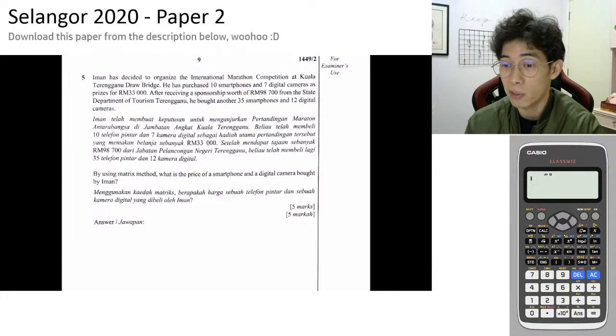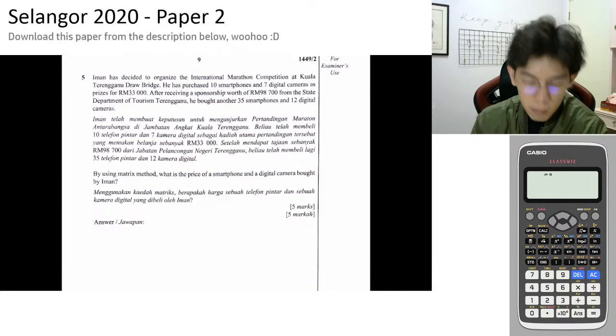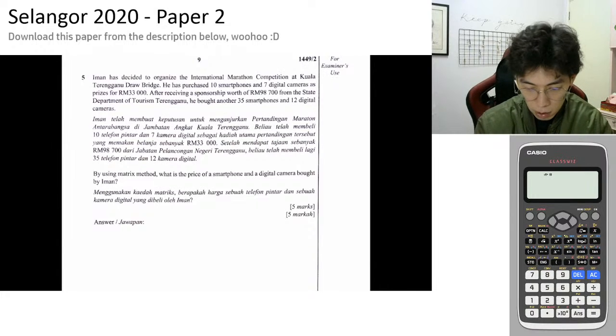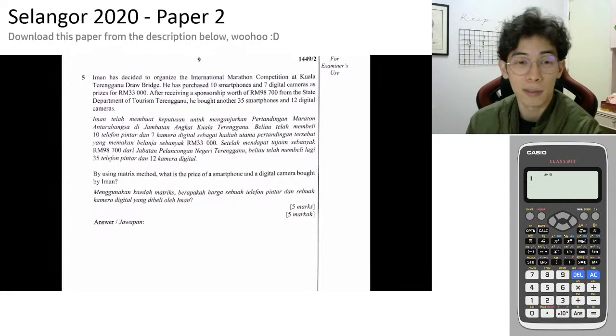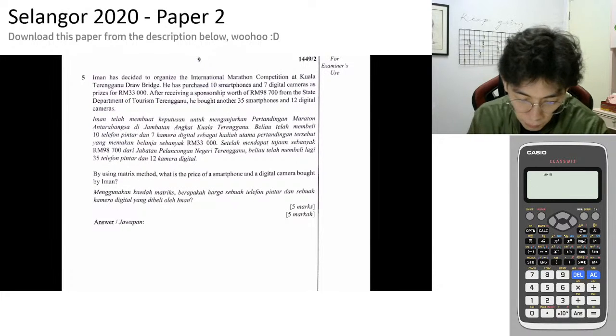Wow, the numbers are very big. After receiving a sponsor worth 98,700. Very big. Never mind, we still can do it, right? Don't worry. Then it says he bought another 35 smartphones and 12 digital cameras.